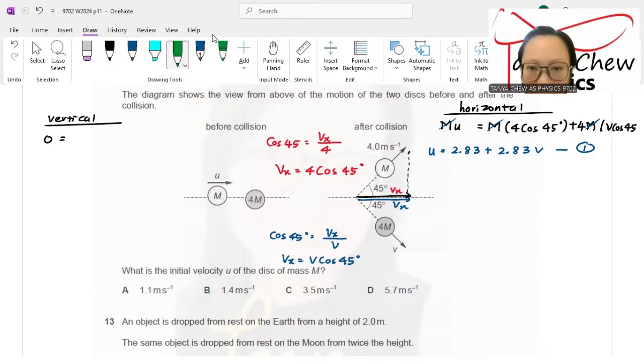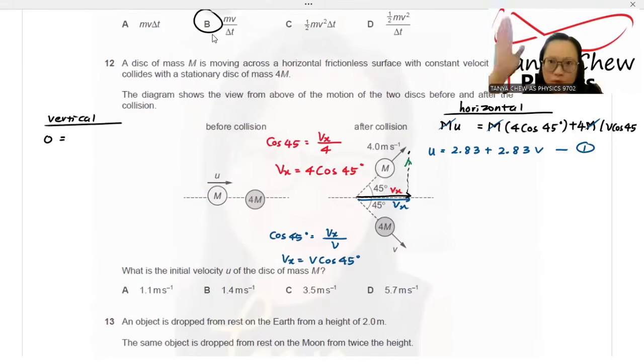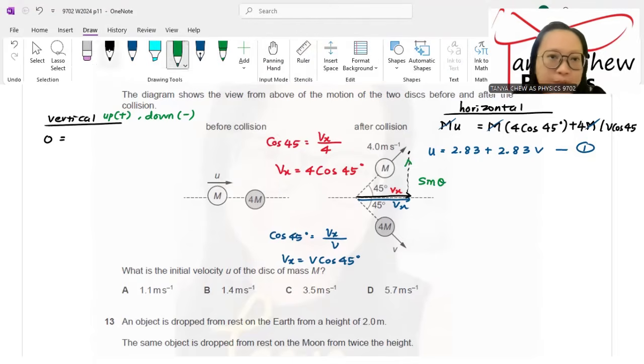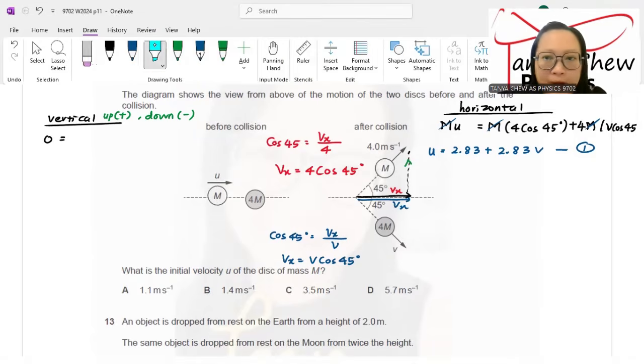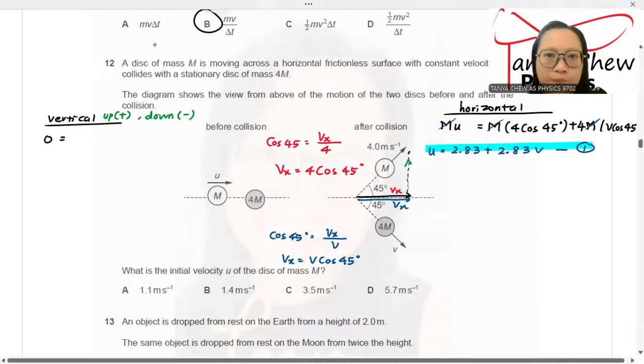Right, so now you look at m. I resolve it into vertical, which is going upwards. So for vertical, I put up as positive, down as negative. Remember, so this is opposite, and opposite has to be sine theta, or sine 45. I highlight equation 1 first.